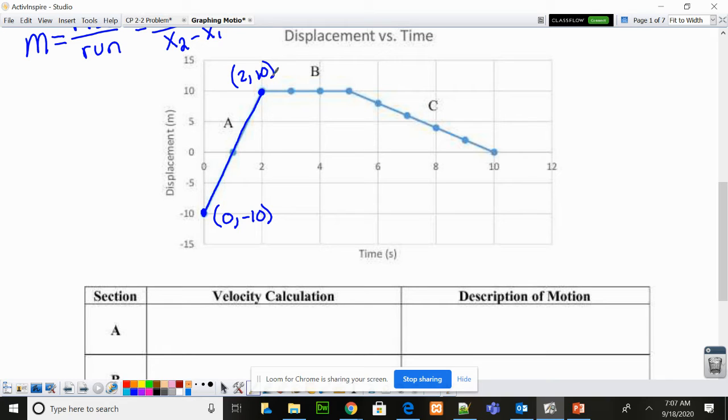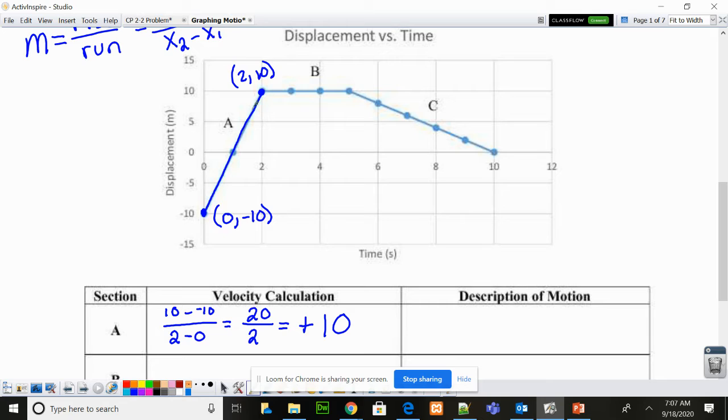I'll call this point 1, that point 2. So point 2's y-coordinate is 10, minus point 1's y-coordinate, negative 10, over point 2's x-coordinate, 2, minus point 1's x-coordinate, 0. So 10 minus negative 10 is 20, and 2 minus 0 is 2. 20 divided by 2 is 10, and it is a positive 10.